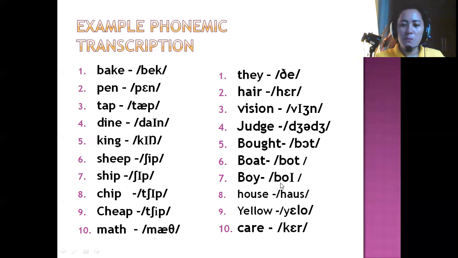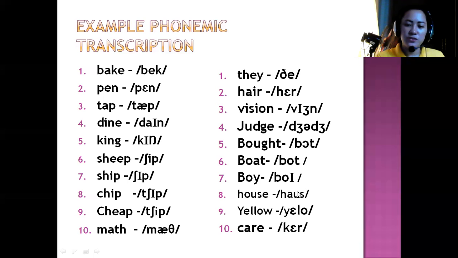Boy with the b, and the long O, or this is actually the diphthong oi, a combination of two vowel sounds. We have here the house, still a diphthong, ow, ow. Then the yellow.